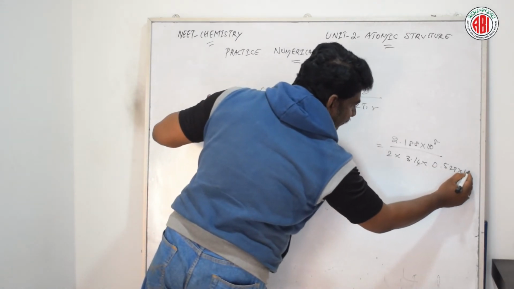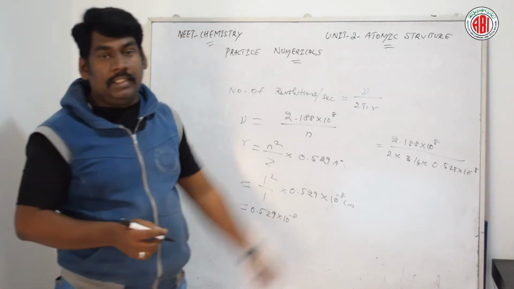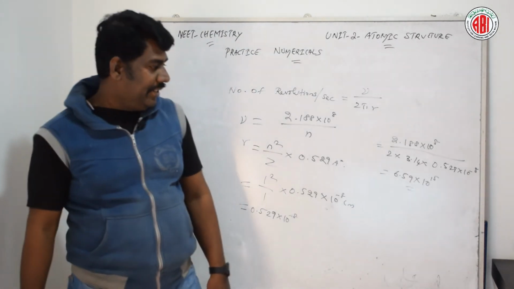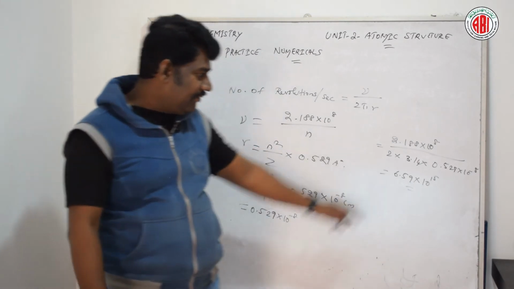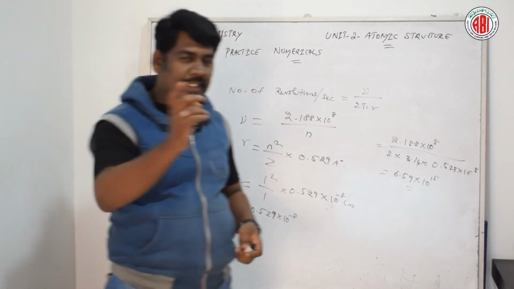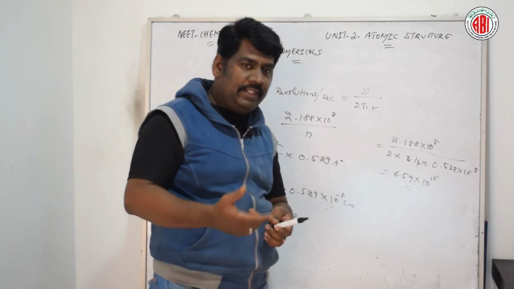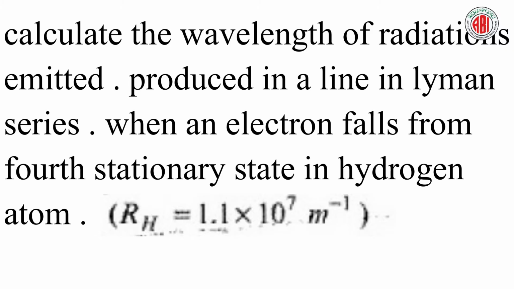Simplifying this, we could get 6.59 into 10 to the power of 15. This is the number of revolutions per second. So by this way we can solve this problem. Let us go for the next question. Now look at this next question, guys.